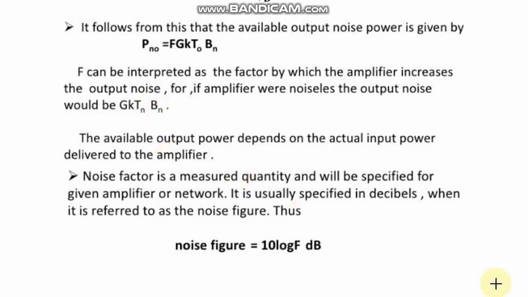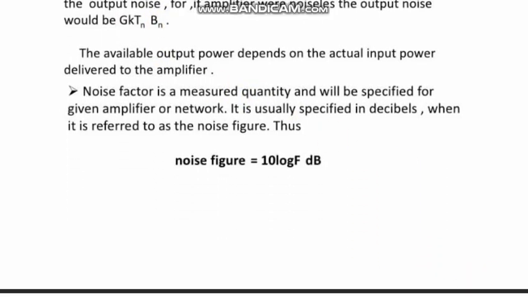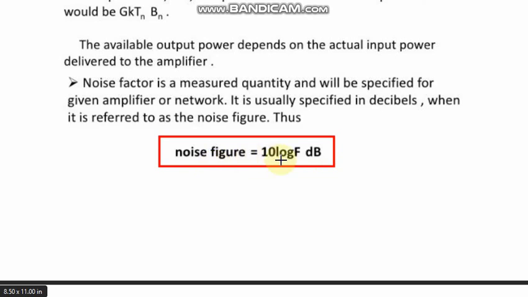Okay, now let us move to a new name of noise factor, that is noise figure. And what is noise figure? When we express the noise factor on a logarithmic scale, indicated as 10 log F, then the unit becomes dB, while the noise factor is a dimensionless quantity.